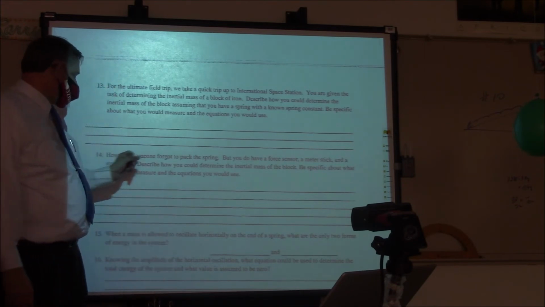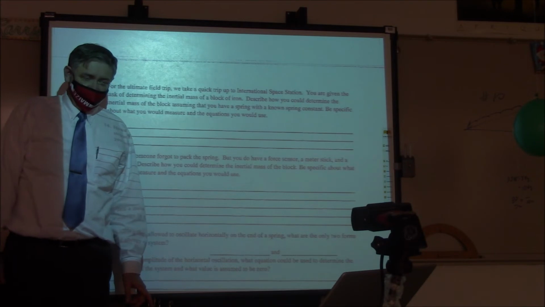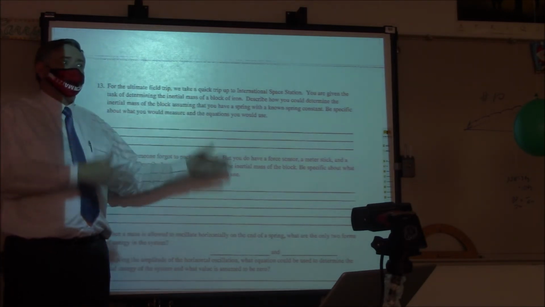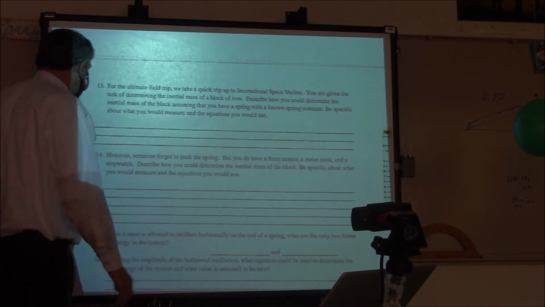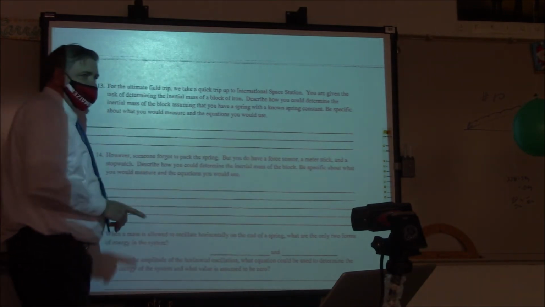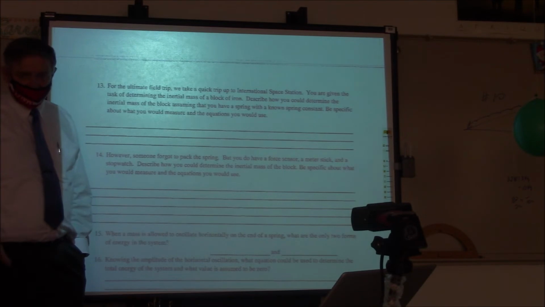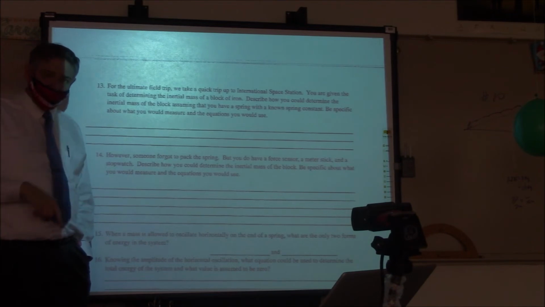But if you know a distance and a time, then you can calculate the acceleration. Once you know the acceleration and you know the force, then you can solve for mass. So, let me give you a hint. Use the stopwatch and the meter stick in an equation to determine the acceleration. Know how much force you apply, and use that to calculate the mass.